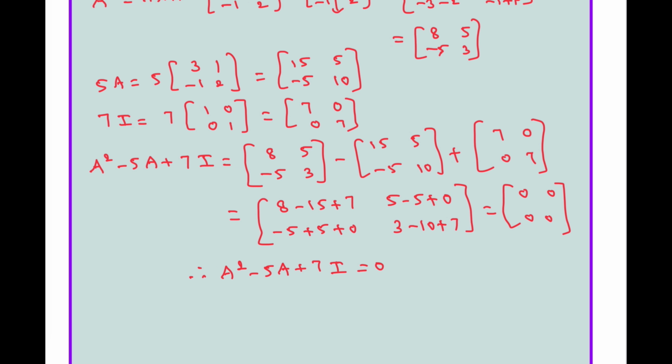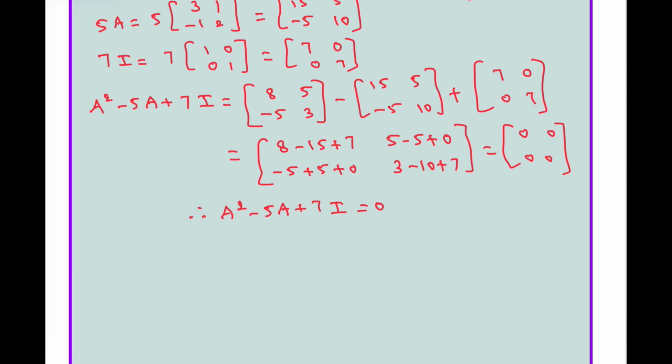Now using this equation, we have to find out A inverse. The whole expression multiplied by A inverse. That means A square into A inverse minus 5A into A inverse plus 7I into A inverse equals 0.